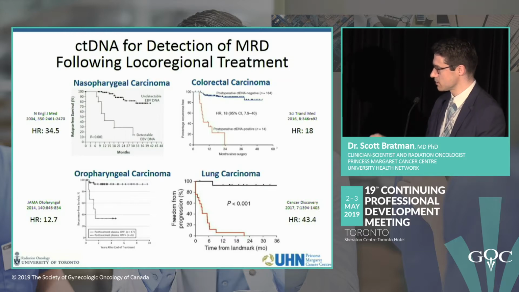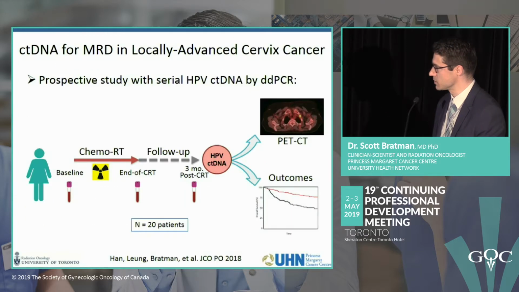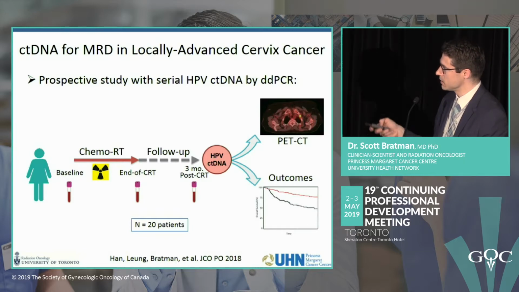So can this concept be applied to cervical cancer? Well, with my clinical colleagues, Dr. Kathy Han here at Princess Margaret and Eric Leung at Sunnybrook, also University of Toronto, we performed a small study on just 20 patients with locally regionally advanced cervix cancer, HPV associated, confirmed by cervical swab.